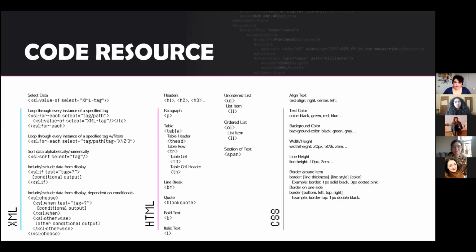So here I'm going to leave this up the whole time. I have the XML here, all the different things that you can use: what I went over earlier about selecting data, loops, ifs, all that. I have some basic HTML tags if you aren't as familiar with that and want to play around with it, and then also some basic CSS.